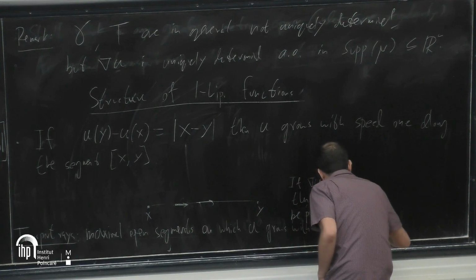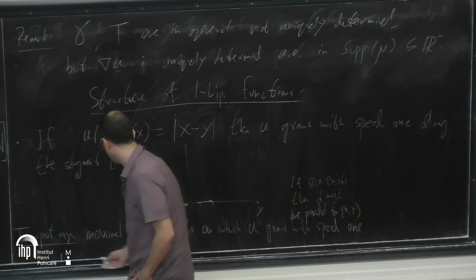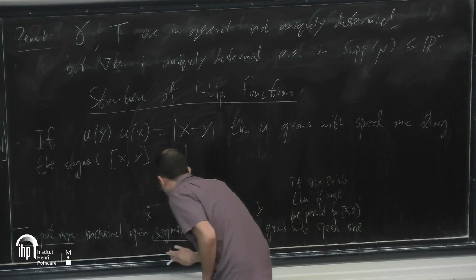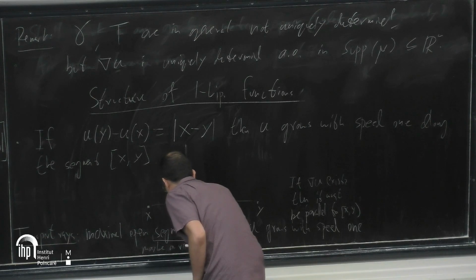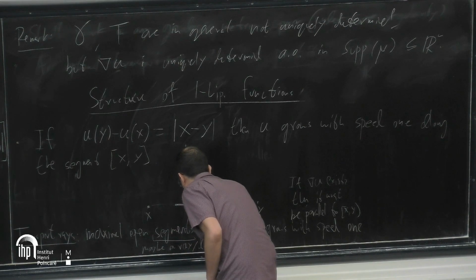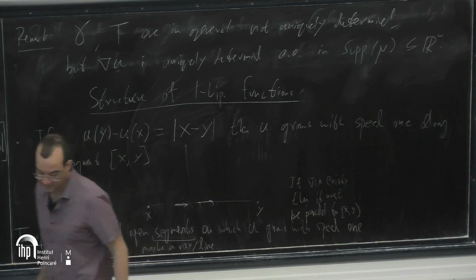And you see that it is called a ray, not a transport segment. So this means that this is maybe a ray or a line is also okay. Okay, so these are transport rays.